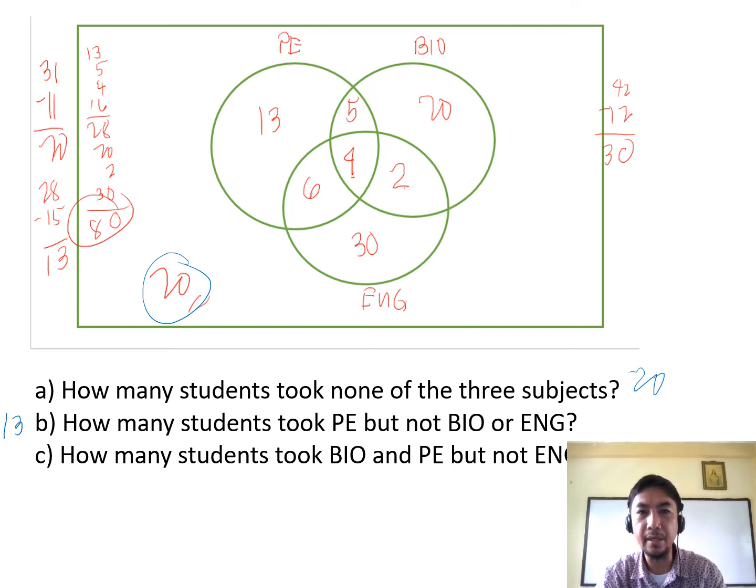So biology and PE pero hindi kasama ang English. Ang titingnan lang natin dyan ay ito. This is only biology and PE. Hindi mo isasama yung 4 kasi nasa loob siya ng English. Okay? So, we have only 5. So, therefore, that's the answer.